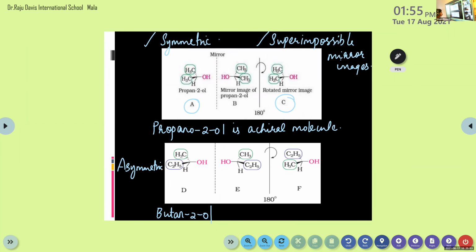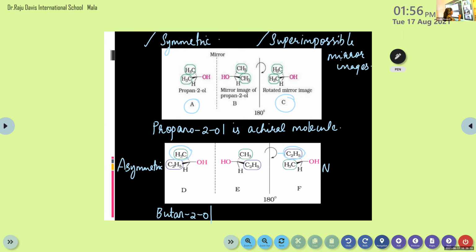D and F. Non-superimposable. Yeah, it's non-superimposable because of C2H5. Look at the positions of both of these. Here it is C2H5, here it is CH3. When you overlap one above the other, it will be different, right?